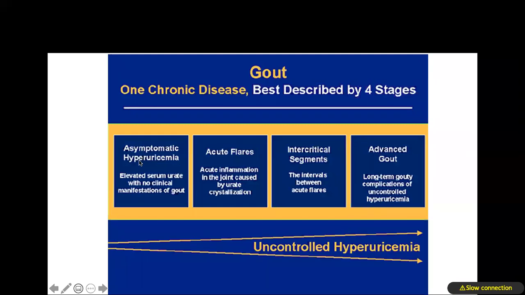Asymptomatic, the patient is fine, no problem, only the uric acid is elevated. Then you have patients who have acute episodes of joint swelling with periods in between without anything. And when you have advanced gout, the patient has constant pain, constant joint swelling and inflammation, and the hyperuricemia gets worse and worse.